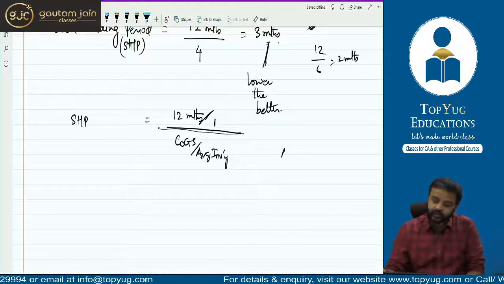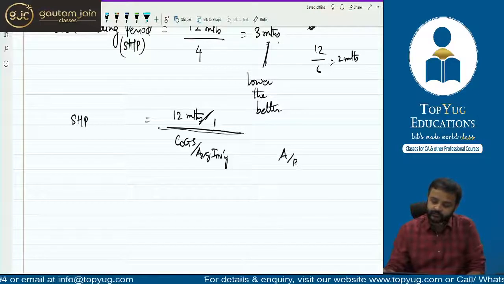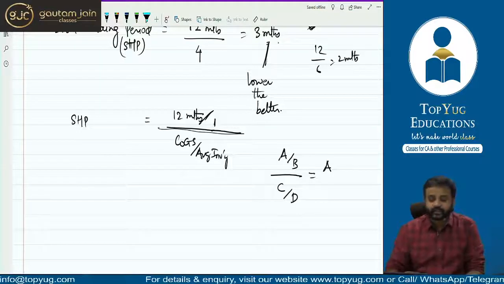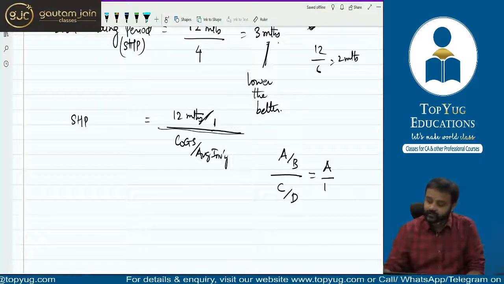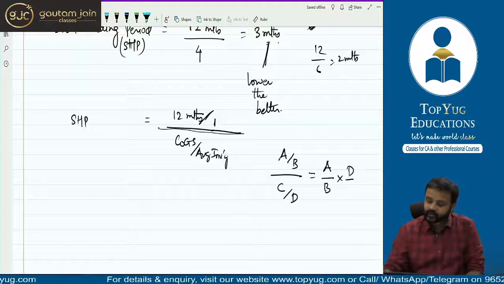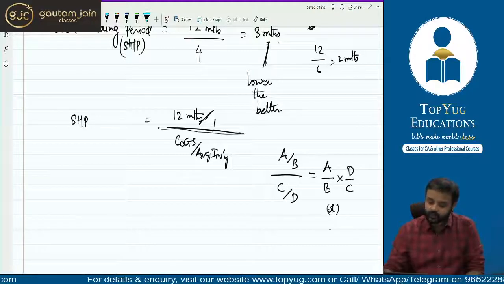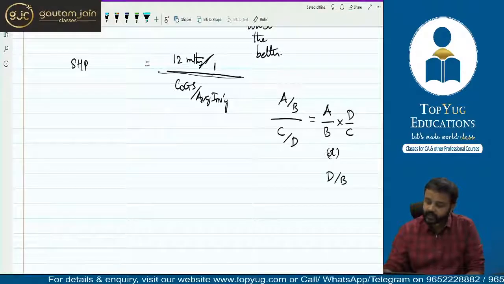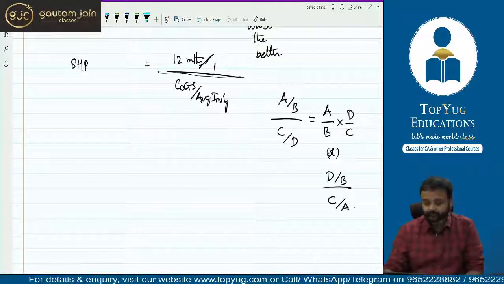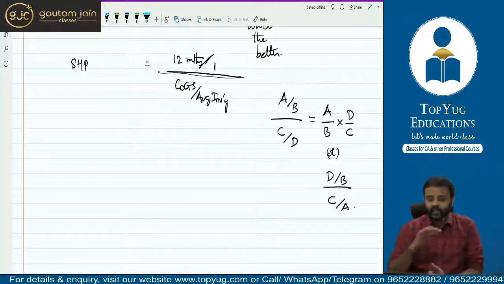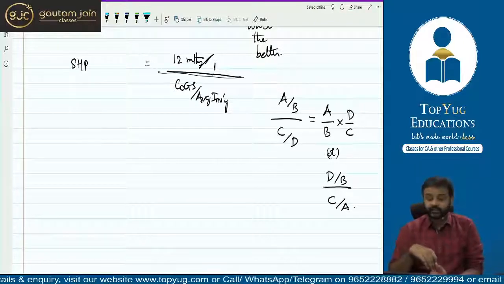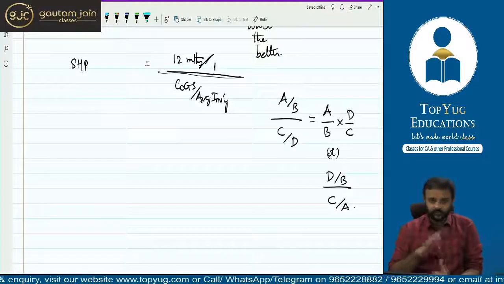Now you might have learned in mathematics that A by B divided by C by D can be written as A by B into D by C, or you might have also read that this can be written as D by B upon C by A. So A by B upon C by D can be written as A by B into D by C, one.